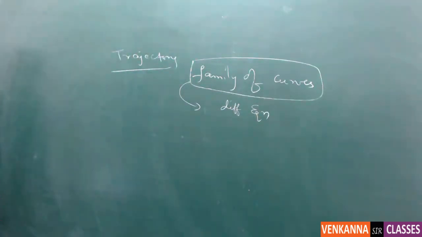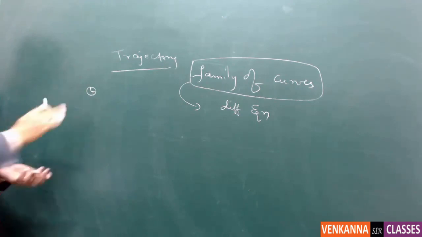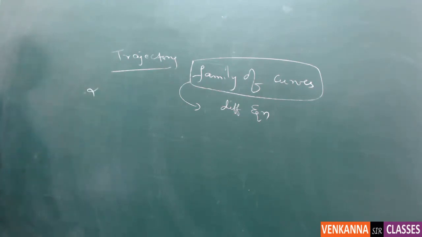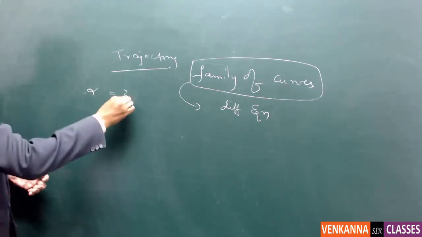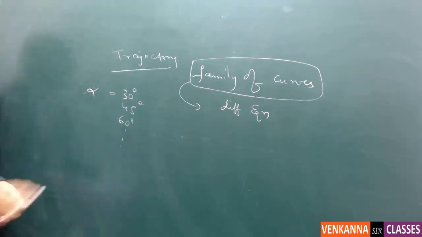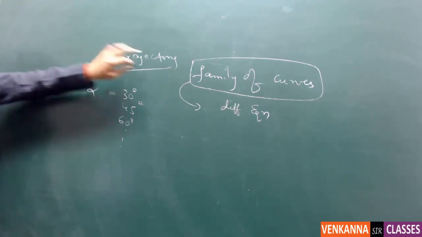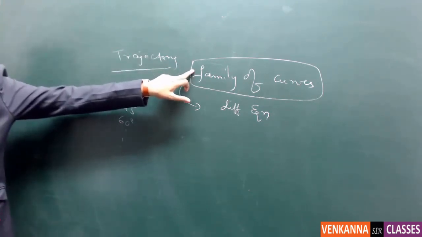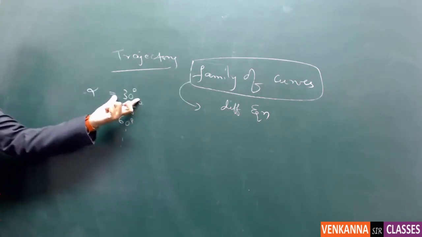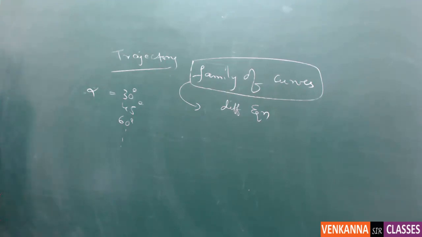So usually whenever the curve intersects, it should make an angle with the given family. So if you say that theta as the angle or alpha is the angle, whatever you say, so by taking the respective angle 30 degrees, 45 degrees, 60 degrees, etc. So we are going to find the trajectory which cuts the given family of curves at a particular angle. It is our objective in this concept.